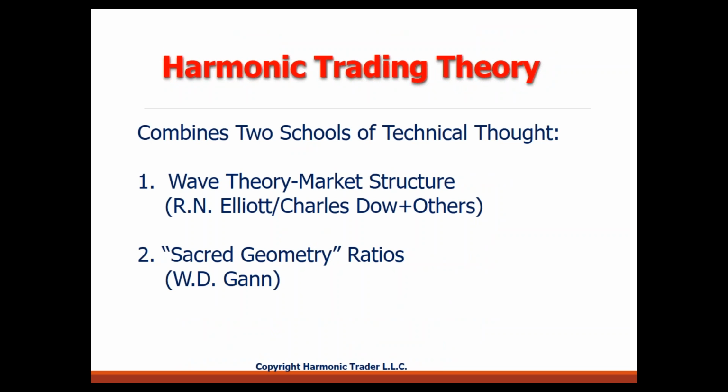Now, harmonic trading theory combines two schools of thought. We're looking at wave structure, and that comes from R.N. Elliott wave, but also others that preceded him, such as Charles Dow, and a few lesser technicians that wrote about wave theory, focusing mostly on what Dow did at the turn of the century more than 100 years ago.